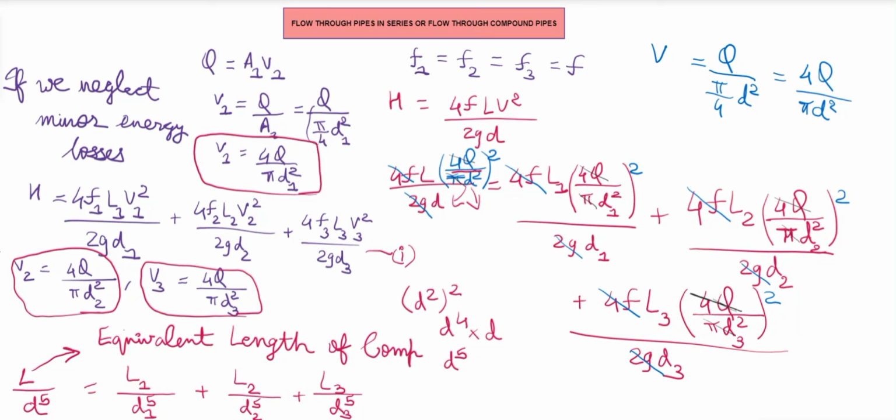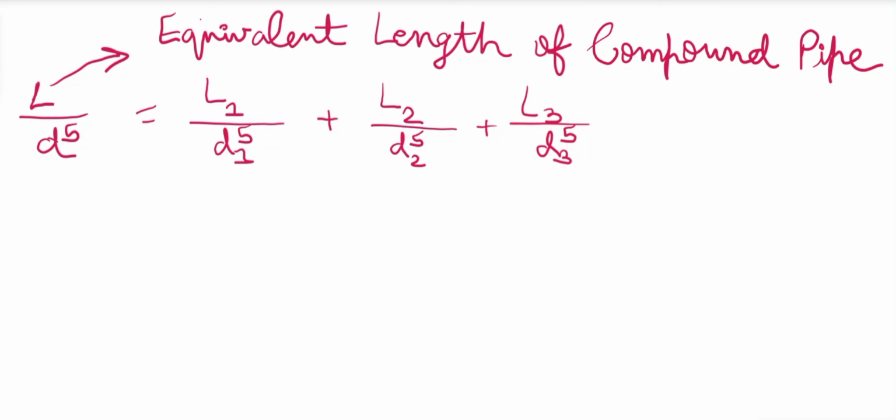We can even represent this equation in another way, which is making L as the head of the equation. We can just write this equation as, here I'll just multiply this d raised to 5 with all of these terms, that is, I'll just multiply it on the right hand side.